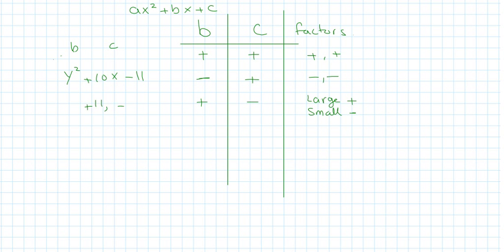So the large number is going to be positive and the small number is going to be negative.